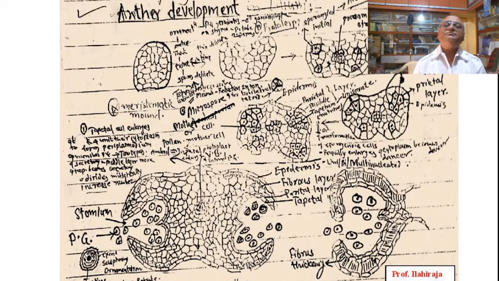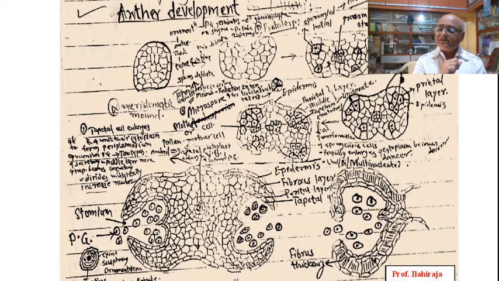The amoeboid type of tapetum has cells that become irregular, amoeba-like structures, and the cytoplasm becomes a periplasmodium, increasing the internal supply of nourishment to the developing pollen grains or microspores.